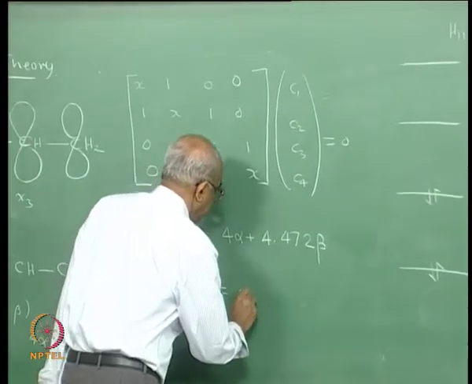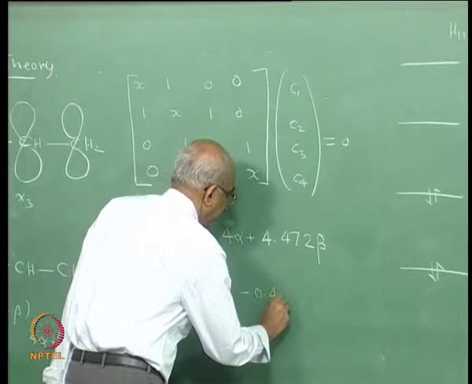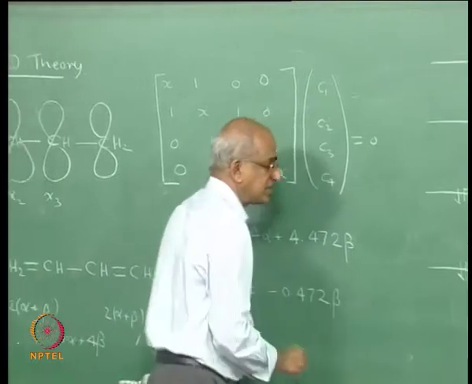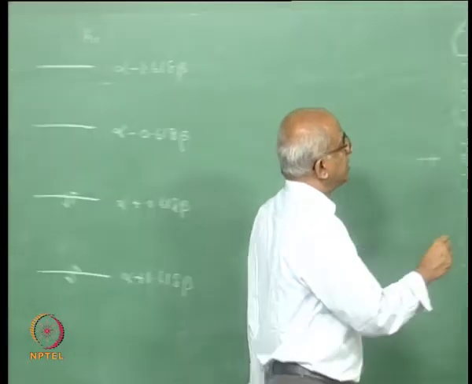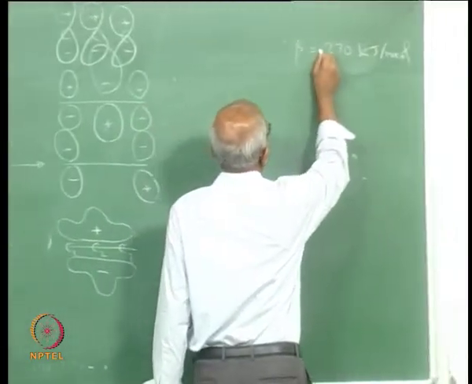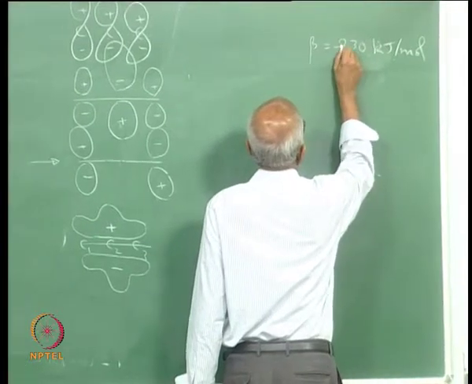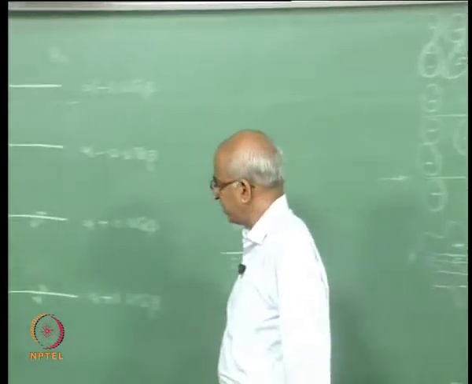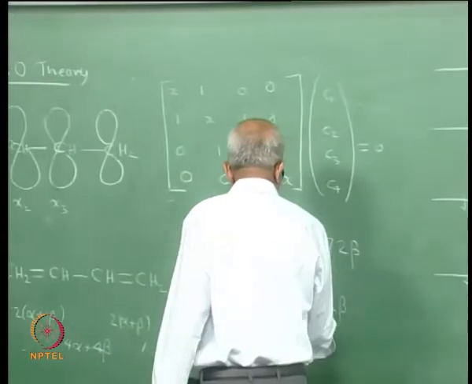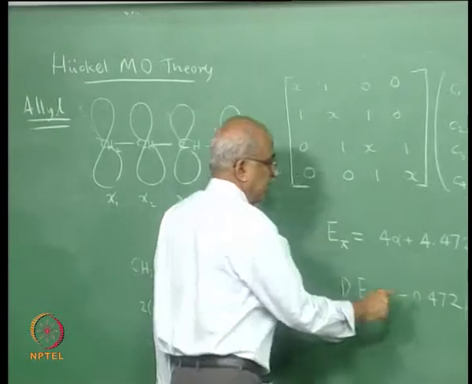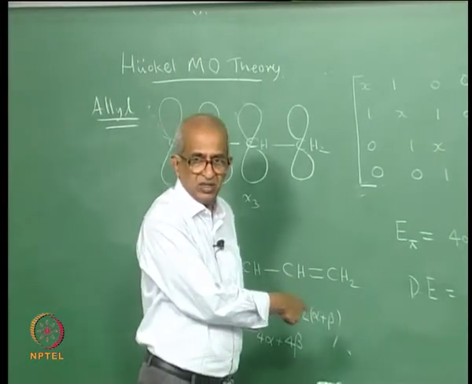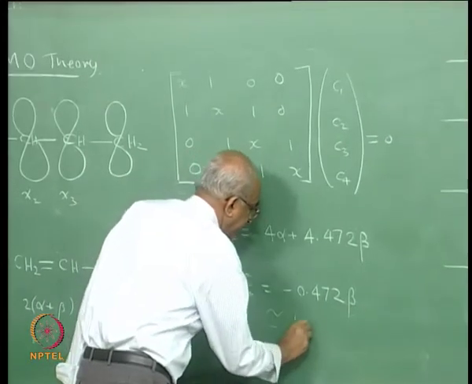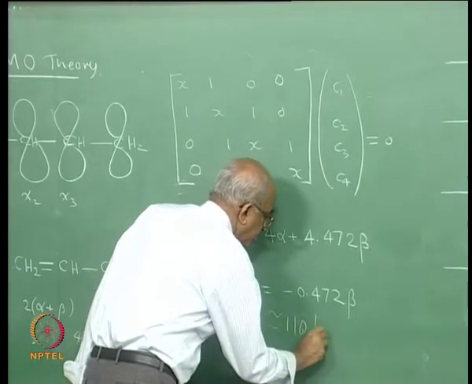So, it is actually minus 0.472 beta, and I realized that I had a slight mistake here. Strictly speaking, this is just the magnitude of beta; the actual value would be minus 230. So, you can use that and estimate the delocalization energy of butadiene. You will find that it is approximately 110 kilojoules per mole.